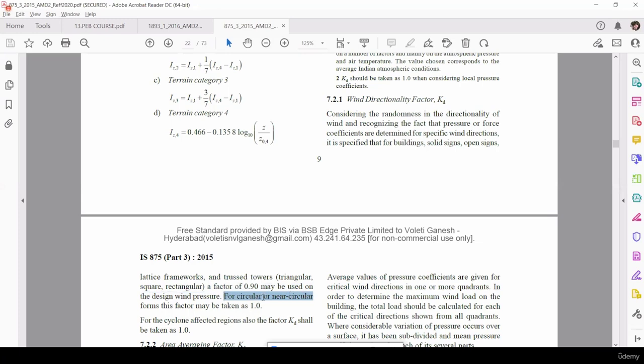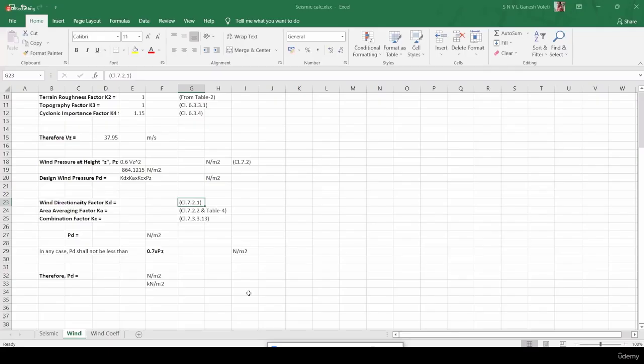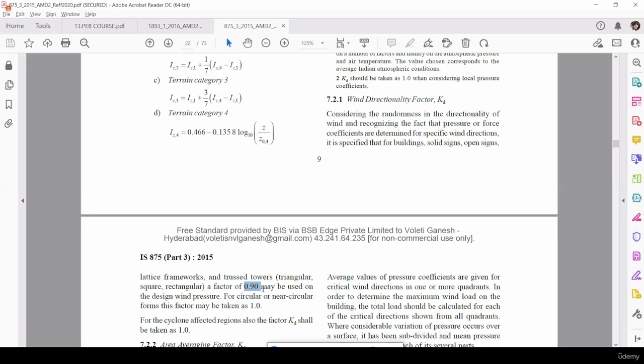For circular or near circular forms, meaning dome type structures like mosques, where you can observe a dome-like structure at the top, you have to take 1. Otherwise, you have to take 0.9 only. So Kd is 0.9. This is a factor. Factor will not have any units. Be clear, factor will not have any units.